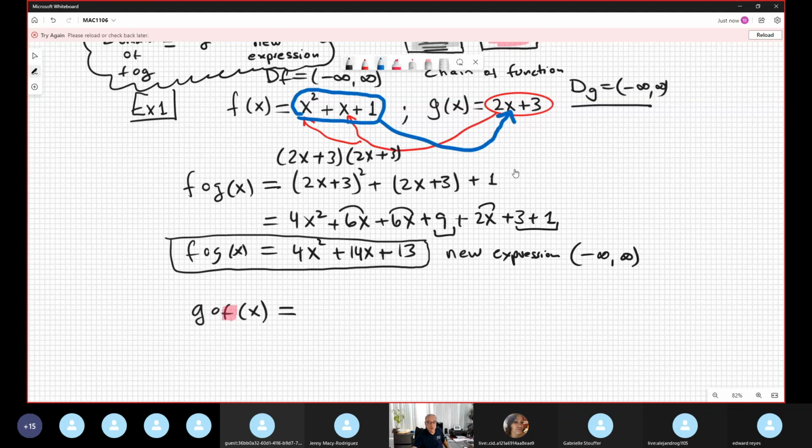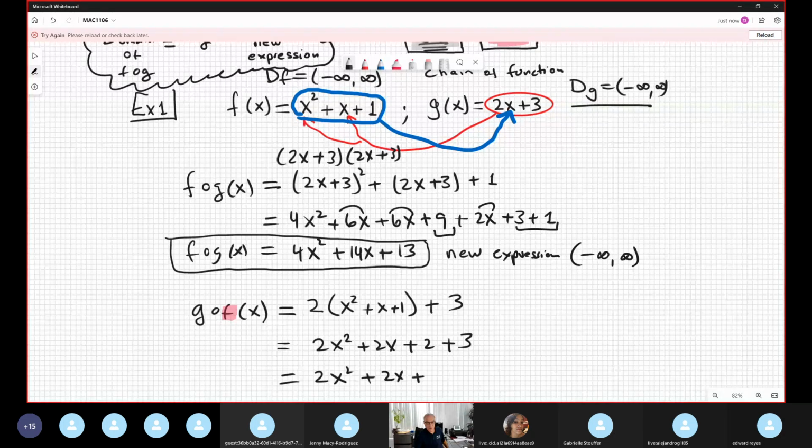Completely opposite idea. So it is 2 parentheses x squared plus x plus 1, plus 3. Do you see the action? This is easy: 2x squared plus 2x plus 2 plus 3, so 2x squared plus 2x plus 5. Boom. And this is G composition F.